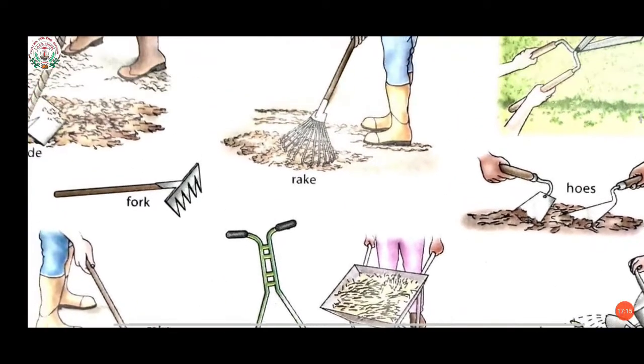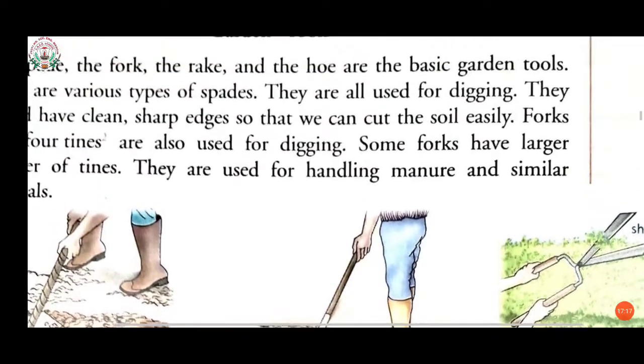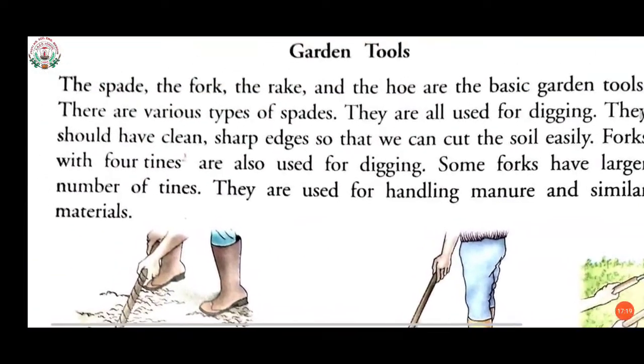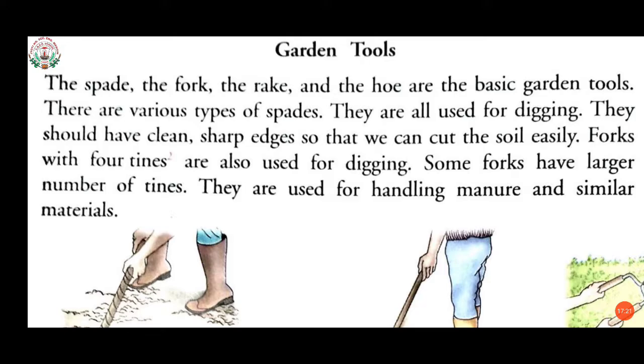All these are gardening tools. When we are preparing for a garden, we should have all these tools with us so that we can do gardening in a proper manner.